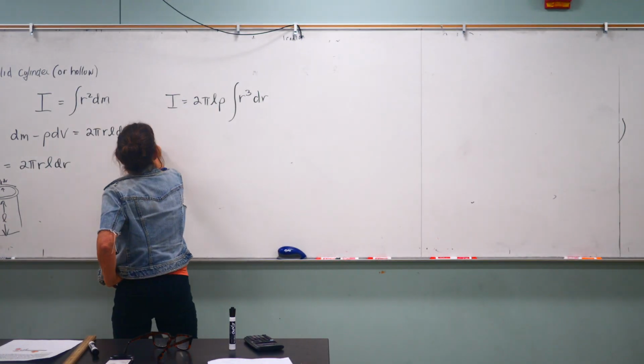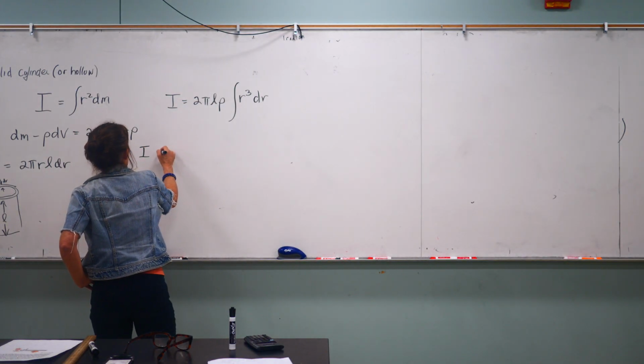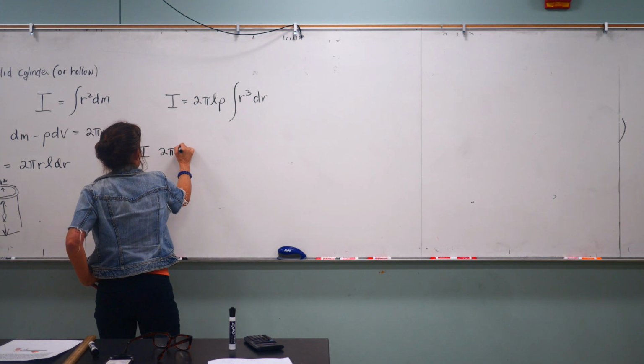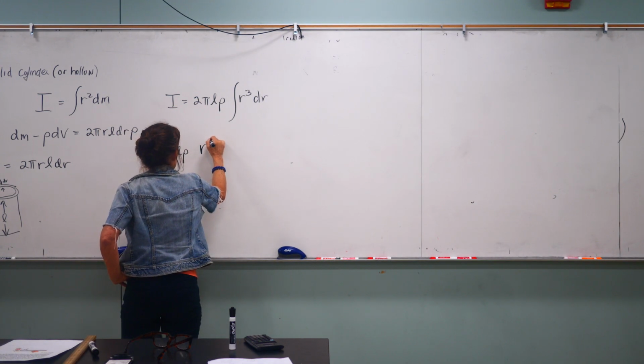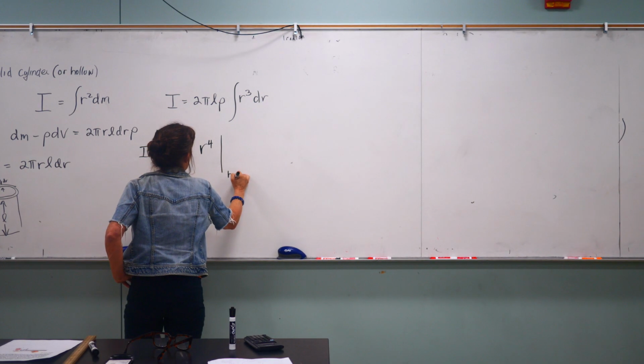All right. I is going to be equal to 2 pi L rho, r to the fourth from r1 to r2.